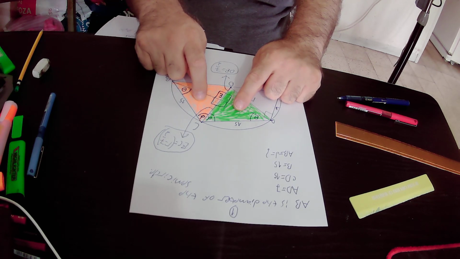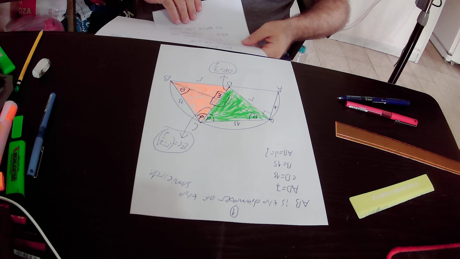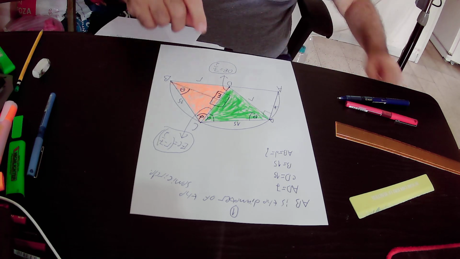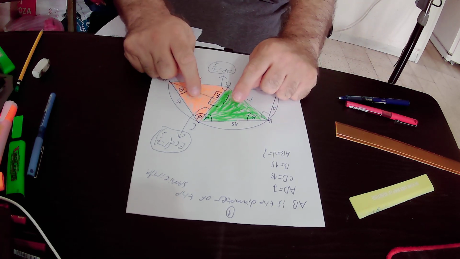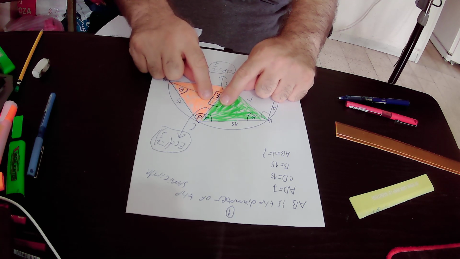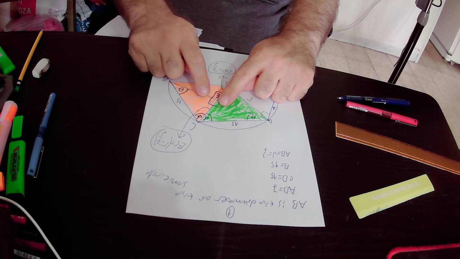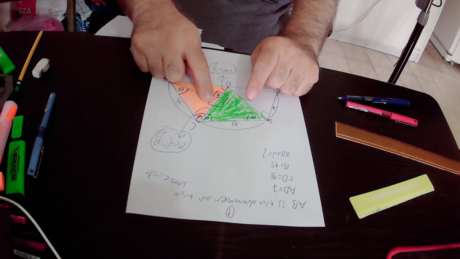From the fact that those two triangles are congruent, we can deduce that those two angles are also equal to each other. If we define one angle as x, then the other angle will also be equal to x.